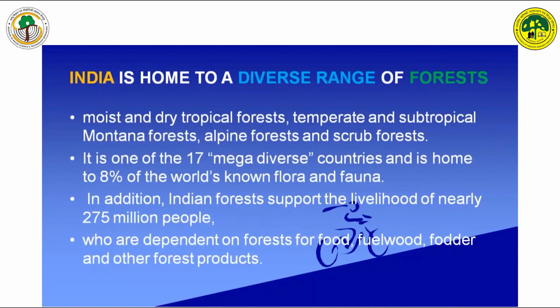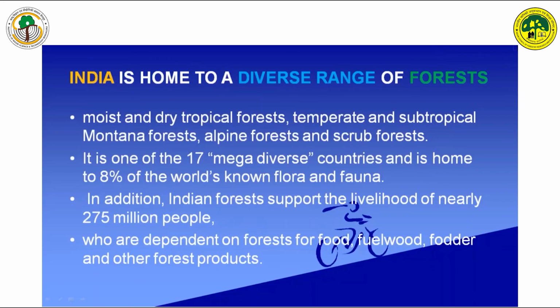India is home to diverse forest types: moist and dry tropical forest, temperate, subtropical montane forest, alpine forest, and scrub forest. It is one of the 17 mega diverse countries, and it is home to 8% of the world's known flora and fauna.